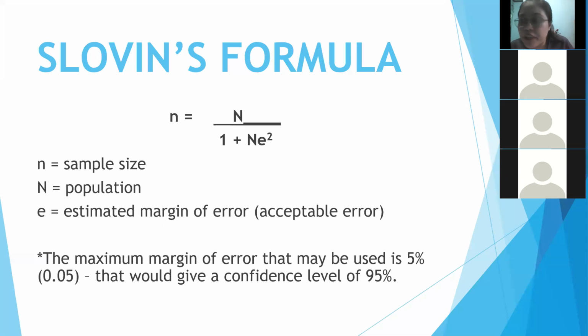That's 0.05. Meaning ang remaining 95% ang tawag nato ana confidence level. We are confident na representative gyud na sila, na tama jud ang atong makuha nga data sa ilaha. 95% confidence level, and then 5% na acceptable error.